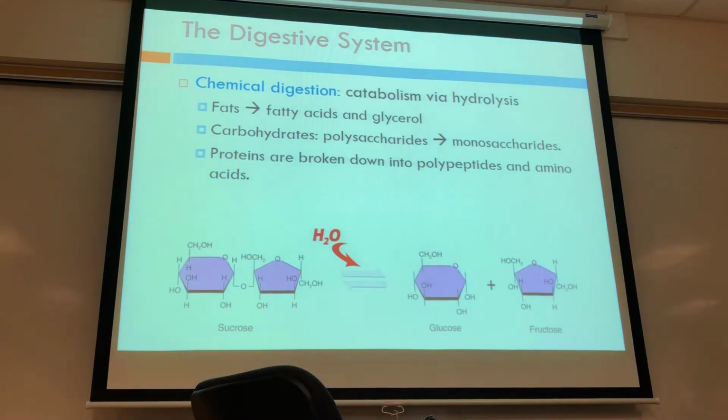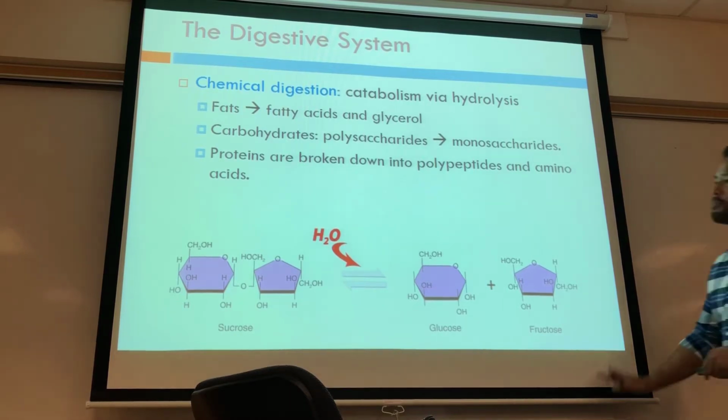So going back to that original slide, fats get broken down into fatty acids and glycerol. So in these cases, we're going to be breaking those ester linkages that link the glycerol molecule to those fatty acids. Carbohydrates, any polysaccharides, we're taking those polysaccharides and breaking them down into monosaccharides.